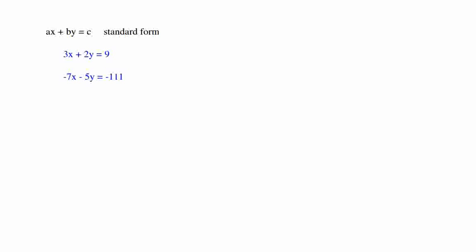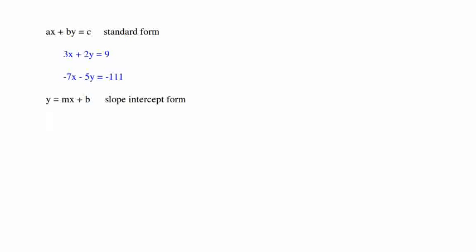Okay? And then if a linear equation is written with respect to this pattern, y equals mx plus b, then it's referred to as being in slope-intercept form.